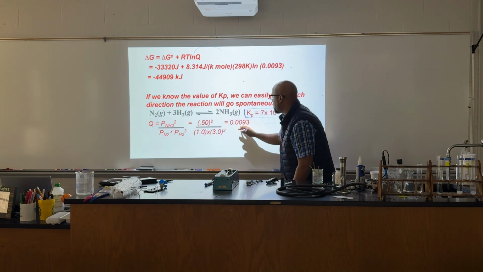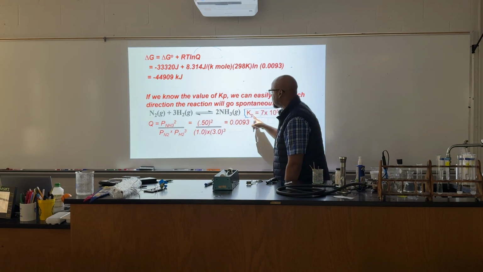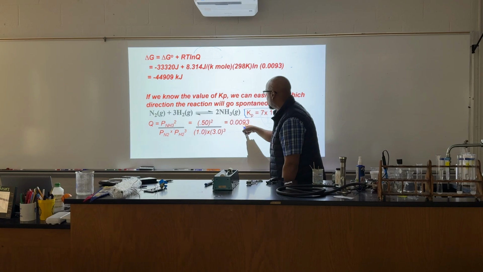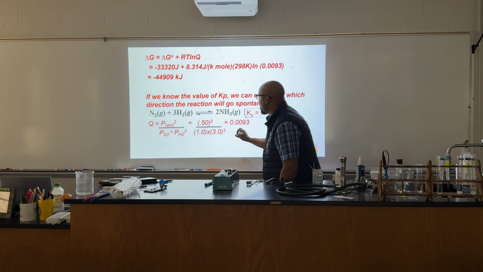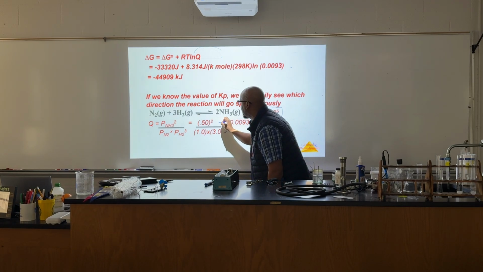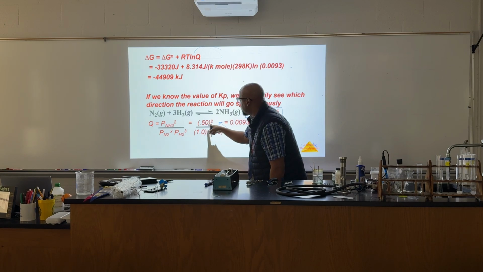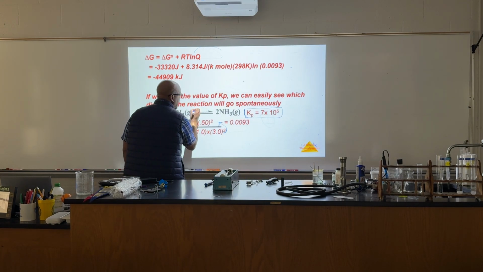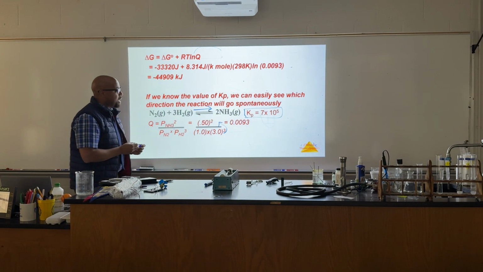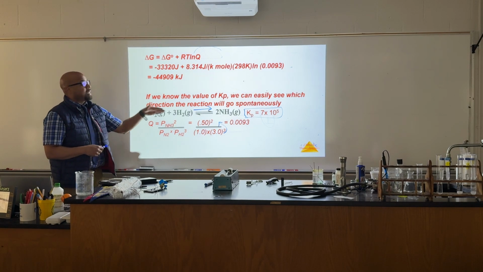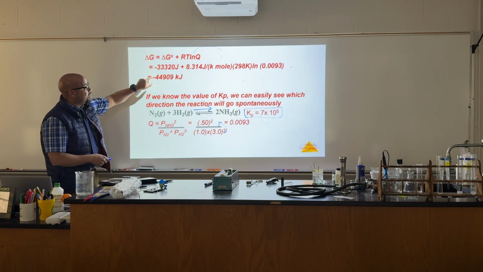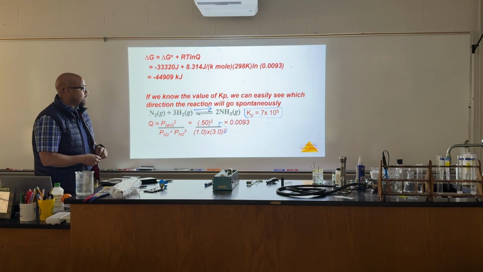Remember, when we compare Q to Kp, I need this Q to be that number right there. The only way it can grow to be that number is for the numerator to grow, which means this equilibrium is going to shift in the forward direction, which means it's spontaneous in the forward direction. The same thing that the actual equation is saying right here.